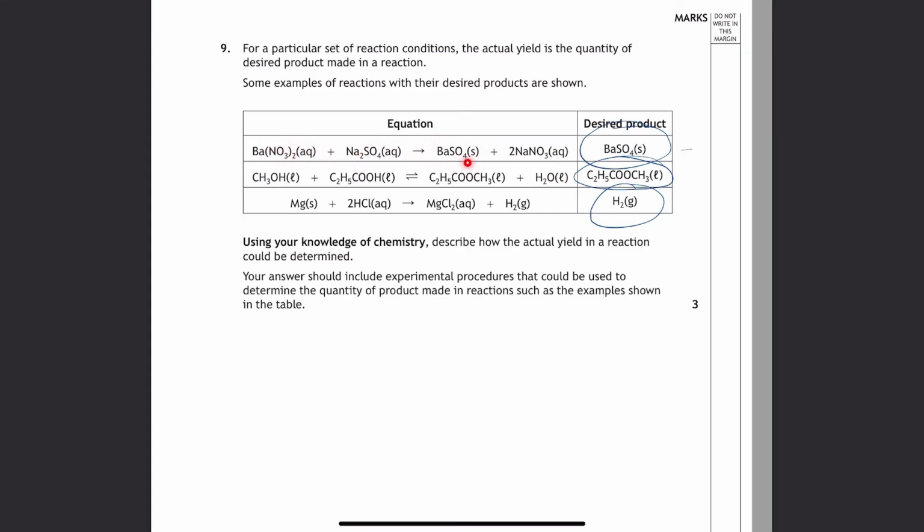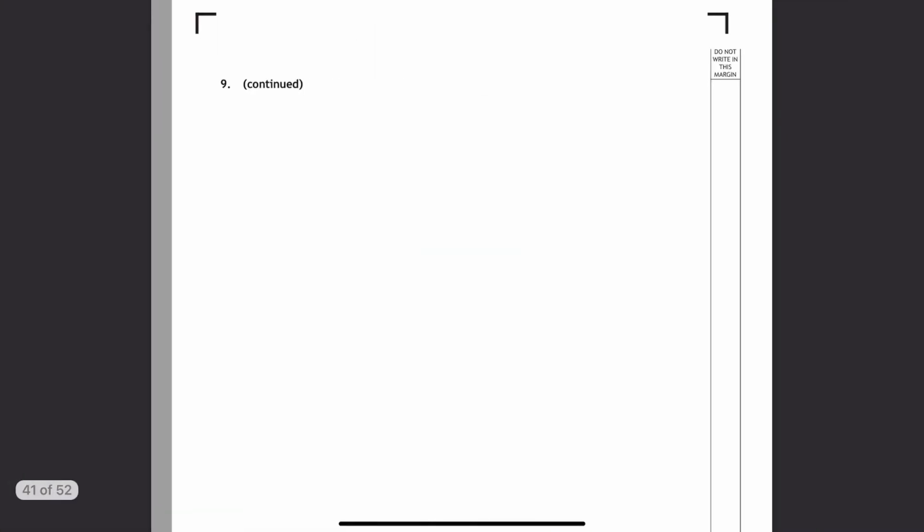So that means you would have to filter this solid out first and dry it before you weighed it. And then the ester you would have to separate from the water as well, by evaporation. But esters are quite volatile, so they have lower boiling points than water. And then this one is the gas you're collecting, so you would usually use a gas syringe. You could draw apparatus for this as well. It's not the best open-ended question, this one, in my opinion.